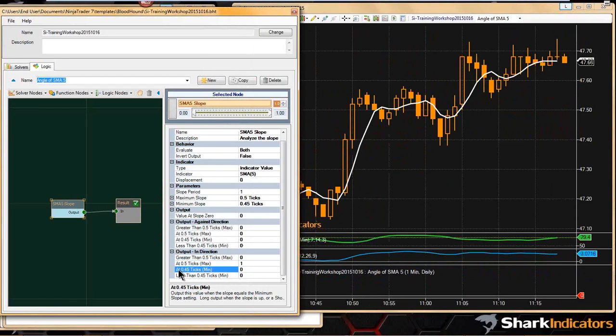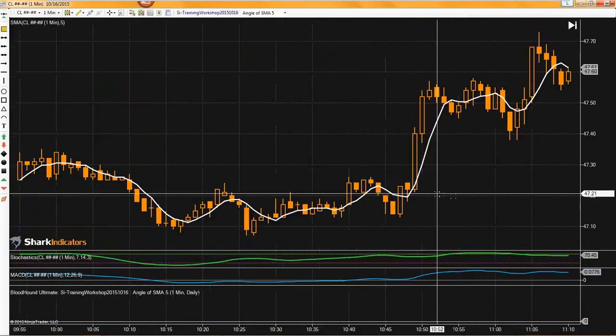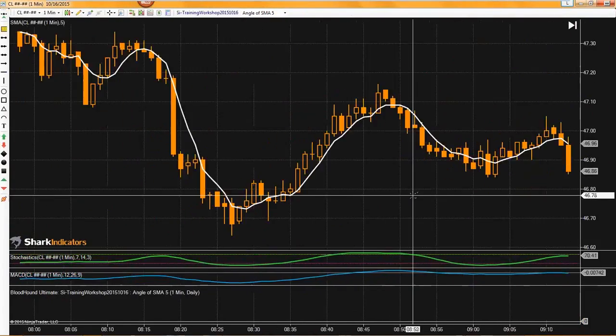What you're also going to want to use is at 0.45 as well. So we're going to set that to 1. And now hopefully we should find something here.